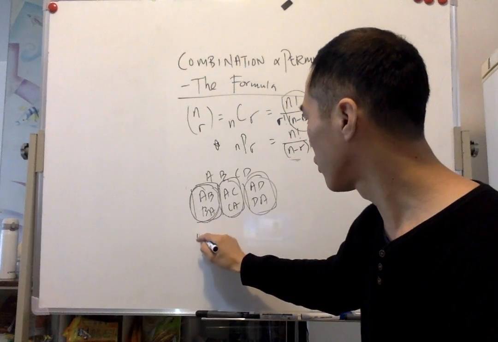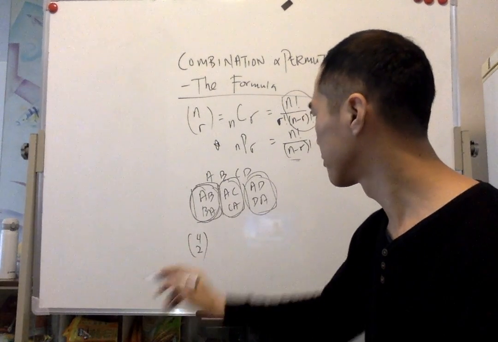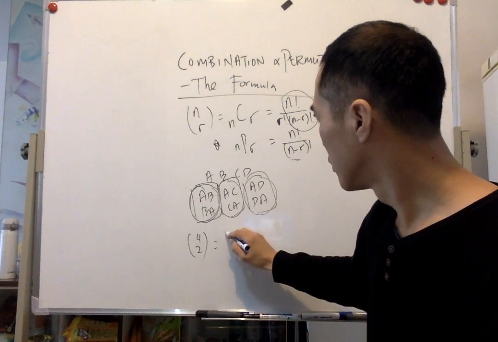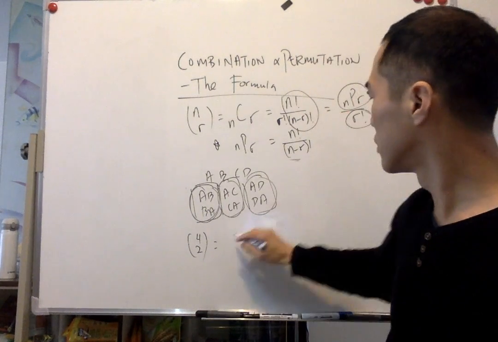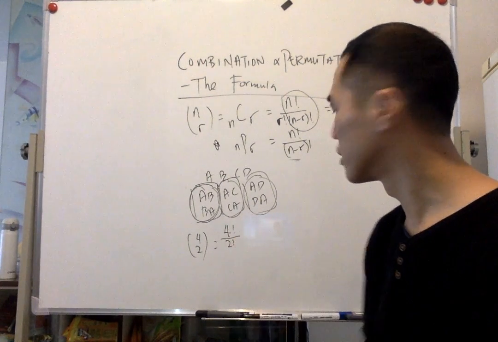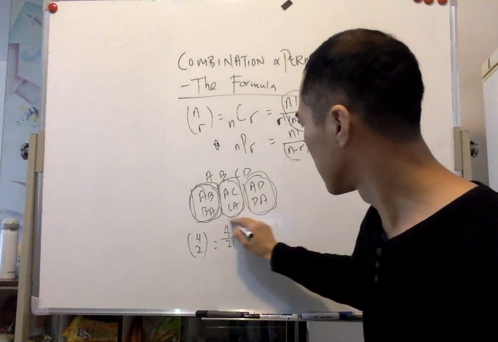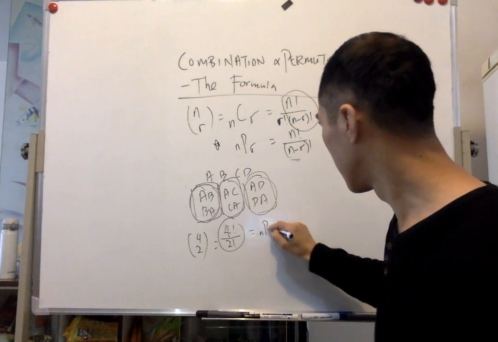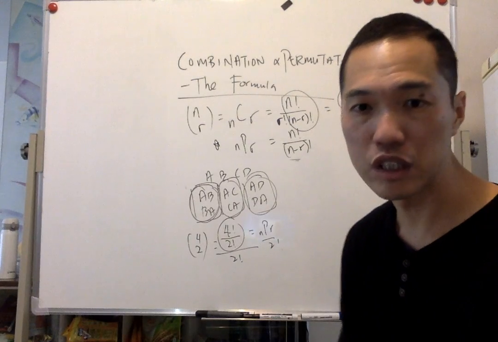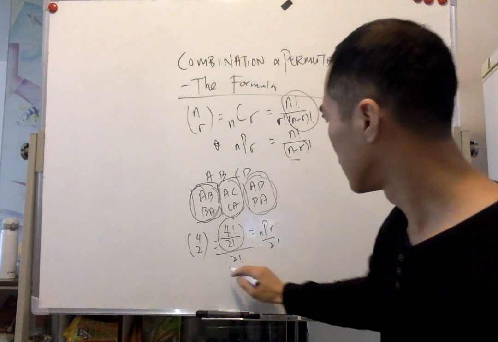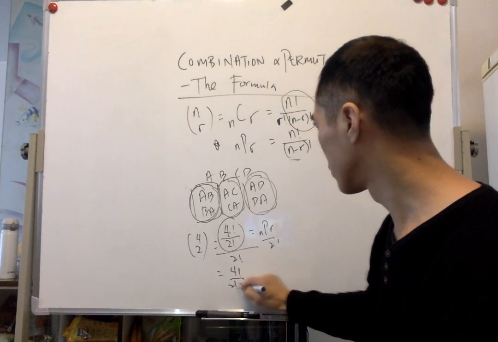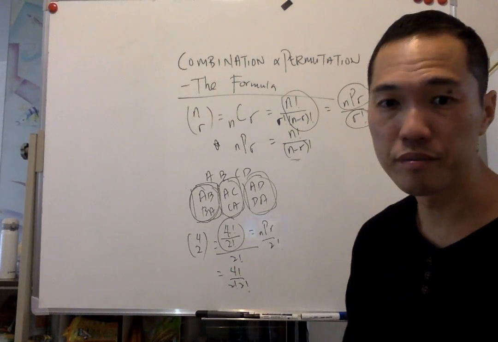This is 4 choose 2, which in permutation is 4 factorial over 2 factorial, which is the nPr, and then I divide by 2 factorial again. This is also equal to 4 factorial over 2 factorial times 2 factorial, which is this formula.